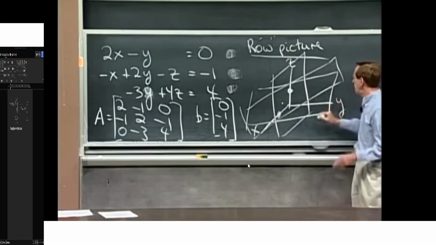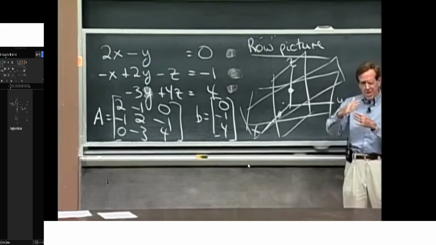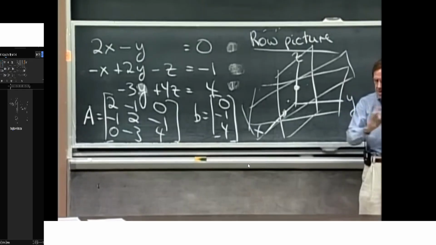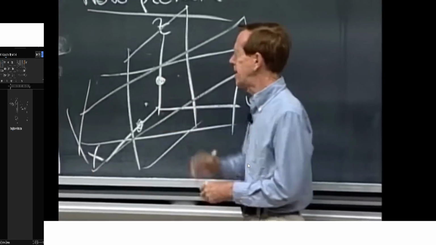Okay, those three things meet in a point. Now, I don't know where that point is, frankly, but linear algebra will find it. The main point is that the three planes, because they're not parallel, they're not special, do meet in one point, and that's the solution.